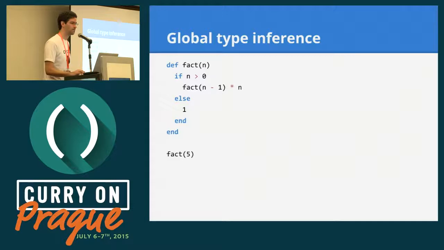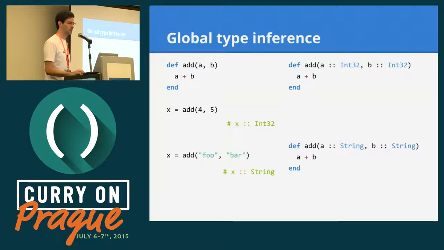Yes? How does this work with separate compilation? We don't have separate compilation. It's like in Ruby, you run the program, everything is interpreted. In our case, we have to compile everything from scratch, but it's pretty fast. The compiler has around 30,000 lines of code, excluding the standard library, and it takes about 8 to 15 seconds to compile.